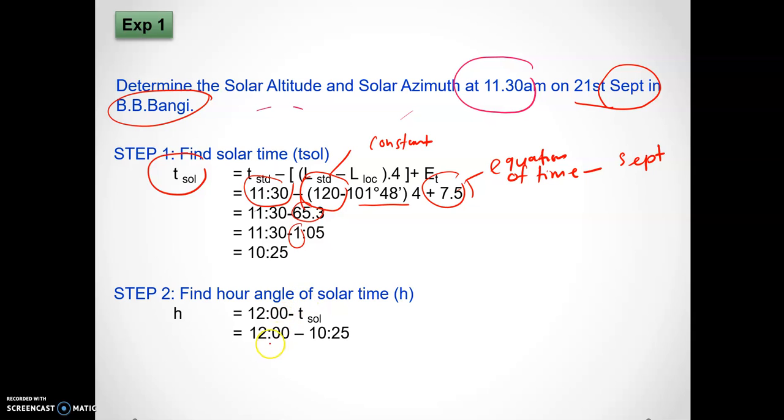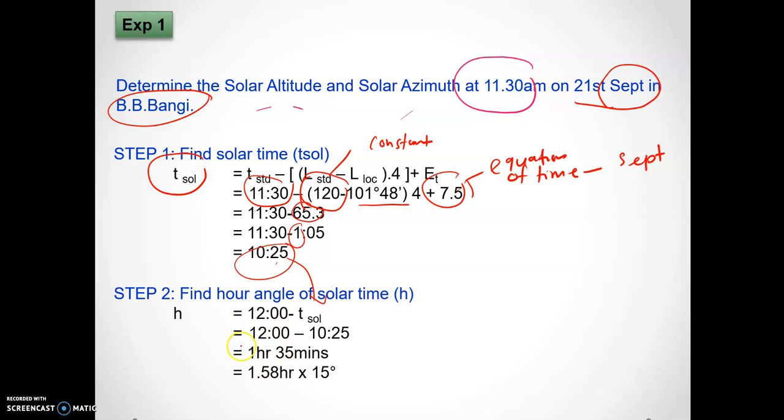So 12 minus 10:25, you get 1 hour and 35 minutes. So 1 hour and 35 minutes, 35 minutes you divide by 60, and then you get 1.58 hour, times 15.